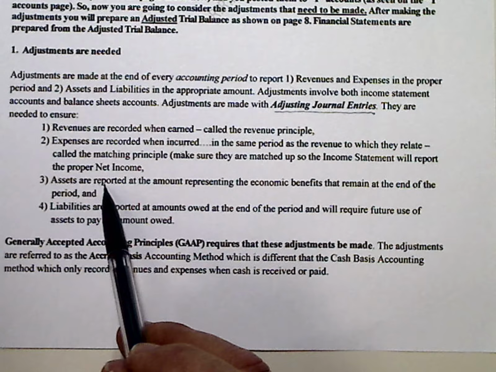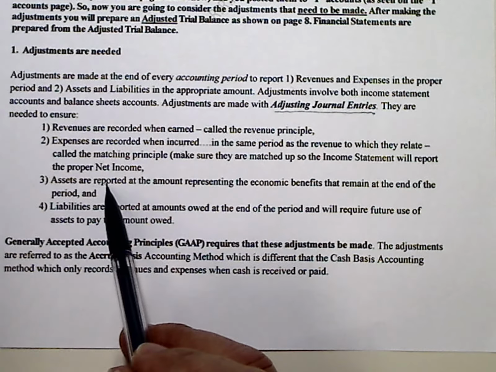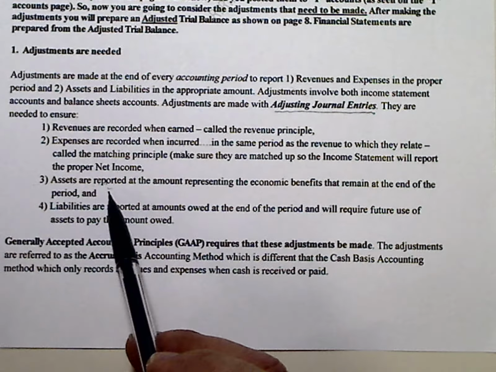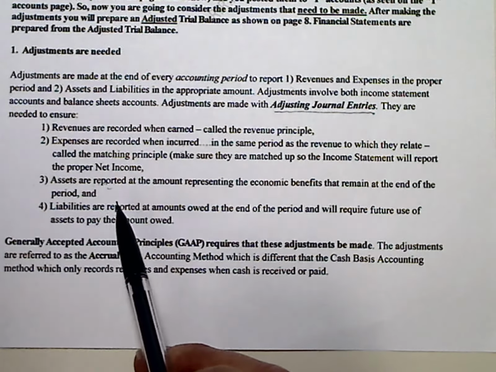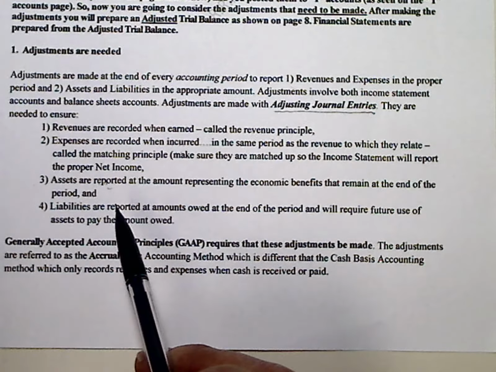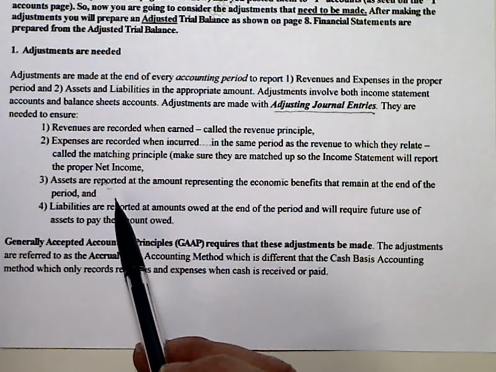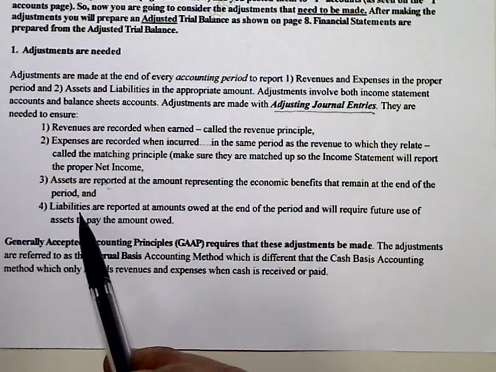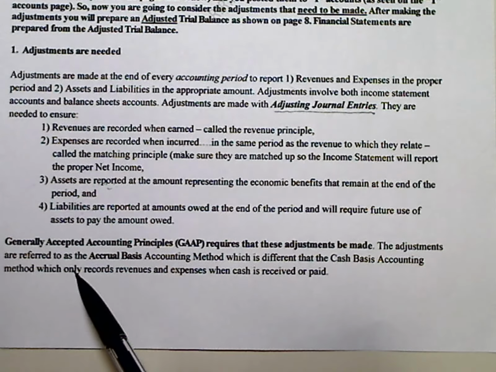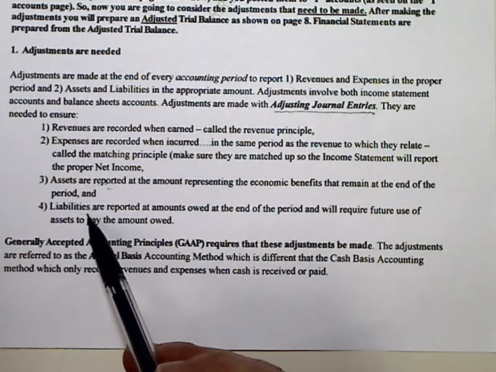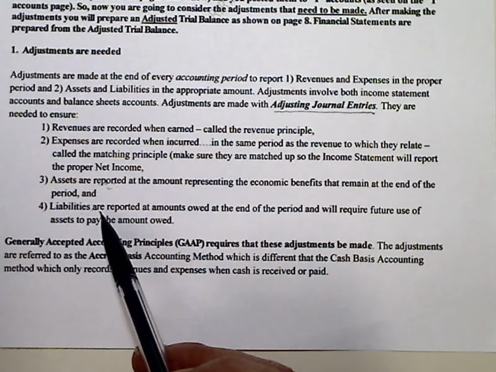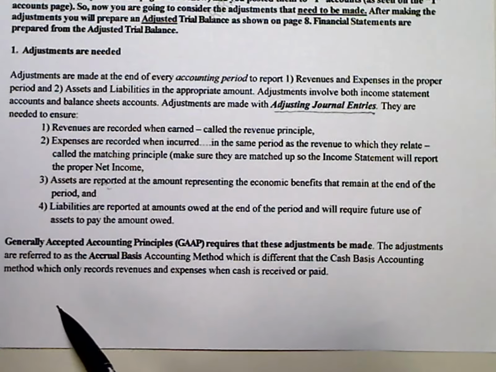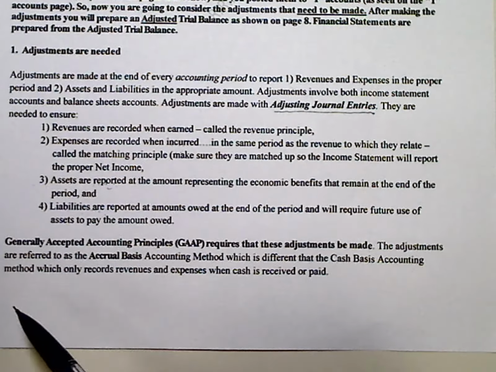We want to make sure the assets are recorded properly, in the correct amounts. For example, if we've used up office supplies, we'll need to bring that supplies account balance down to reality. Liabilities, the same thing. We may have more liabilities, could have less, but some things have changed, and we want everything reported correctly.